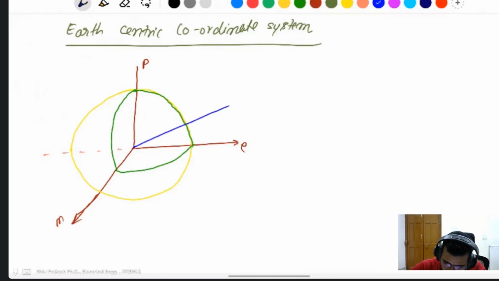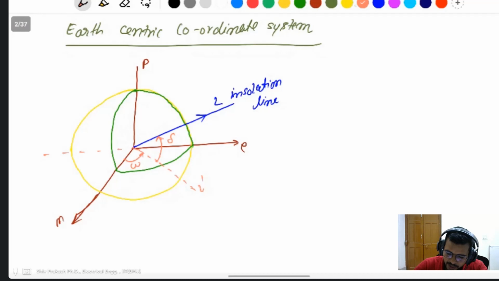I'll take this as the insolation line, which is defined as L, and the projection of this one on the horizontal plane is L dash. The angle between them is known as the declination angle, and the angle between the meridian line and the tilted surface is known as the hour angle.